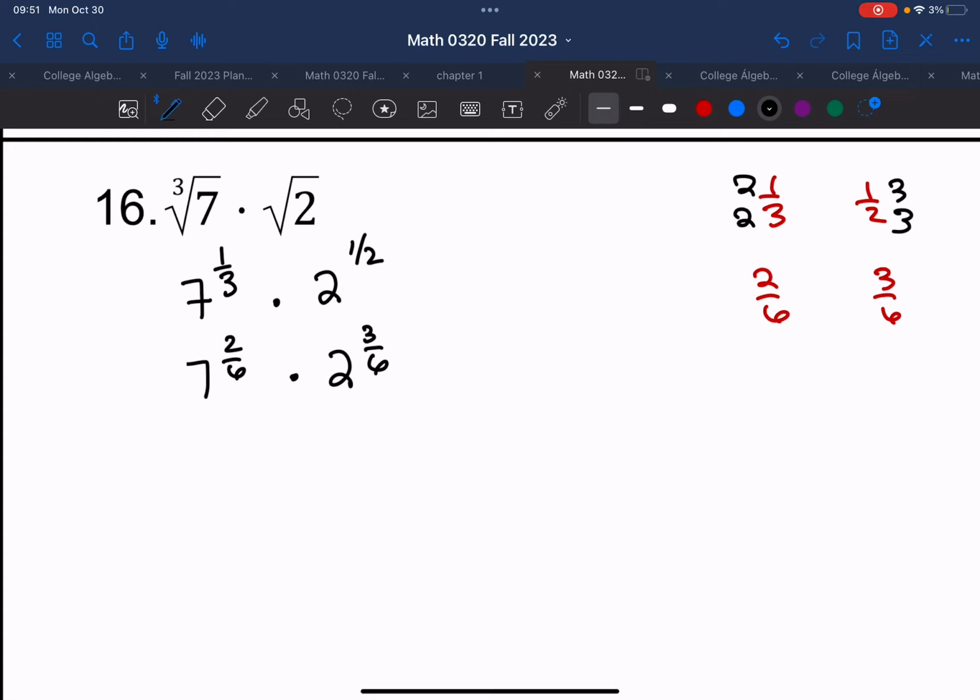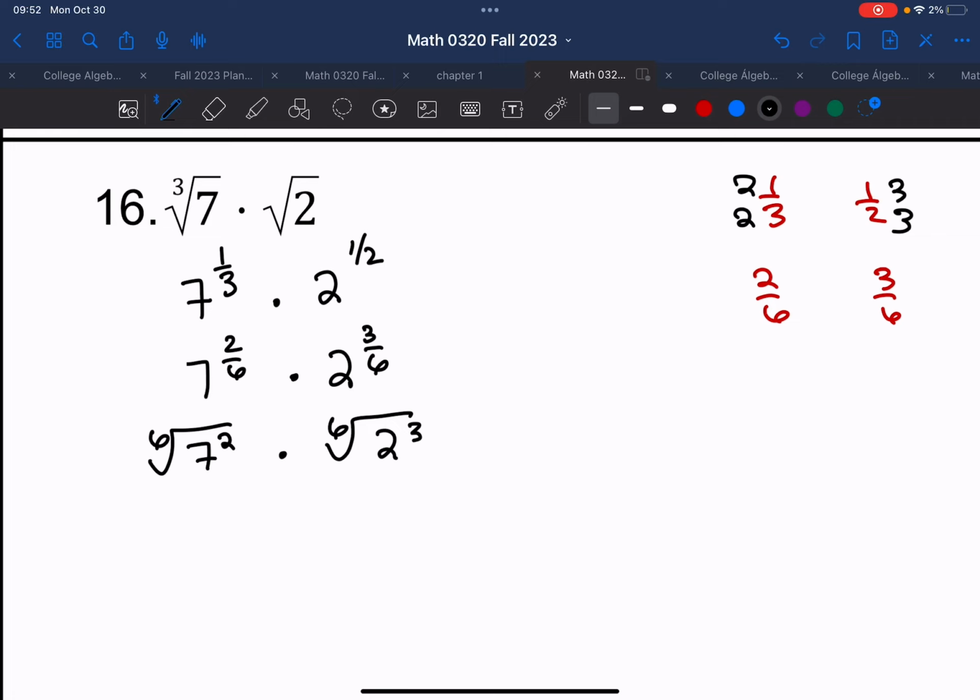So if I were to turn these separately back into radicals, since they have different bases, what would 7 to the 2/6 become as a radical? 6th root of 7 squared. Good. What about the second one? Good, 6th root of 2 cubed.